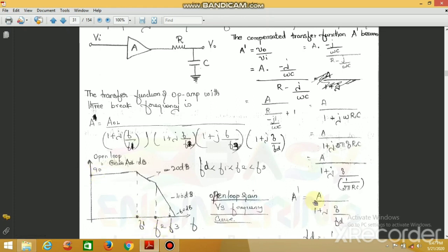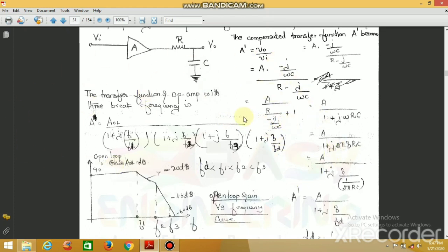The first equation was A dash equal to A divided by 1 plus j f by fd, and fd can also be written as f1. This happened because we substituted only one RC component. If we substitute three RC components in this circuit, we get this final equation.